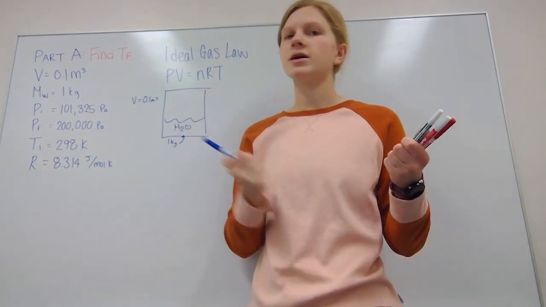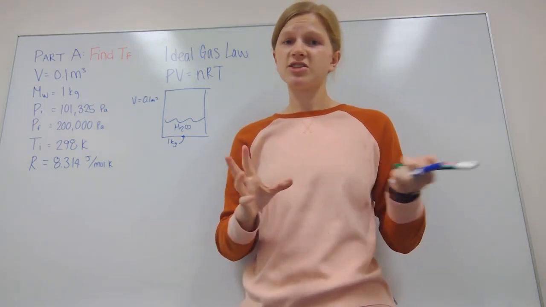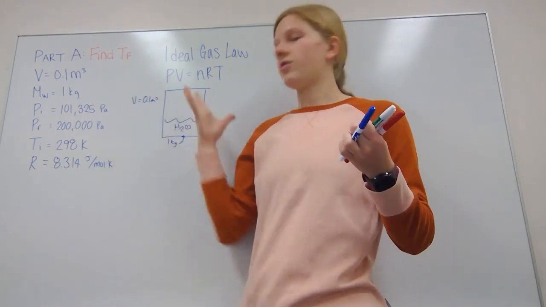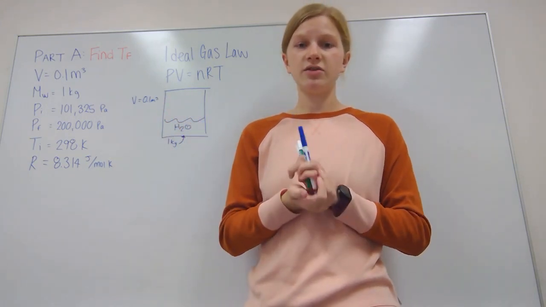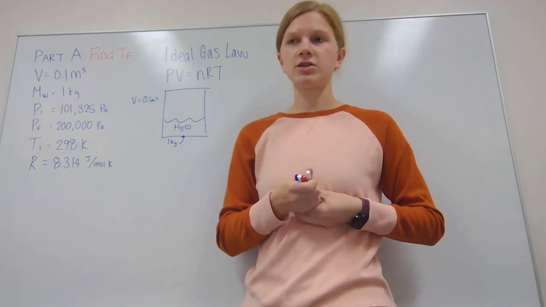So another important concept to go over is partial pressures. Pretty simple, but the idea is that the total pressure of the mixture of gases is equal to the sum of the partial pressures of each gas itself.